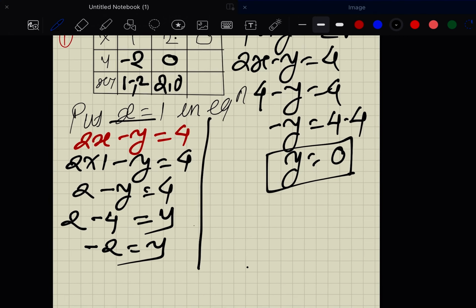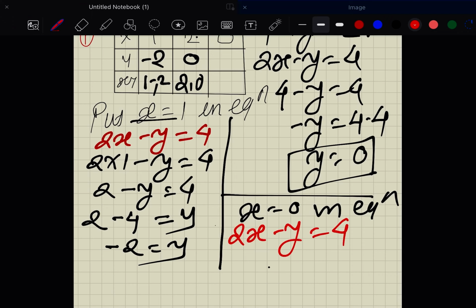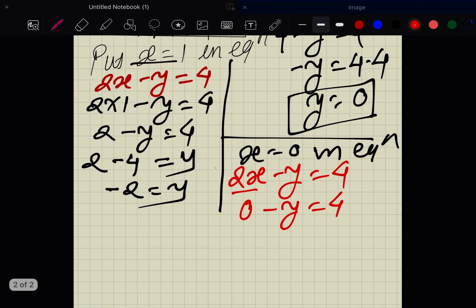Similarly, third step, put x is equal to 0 in the equation. So write down the equation 2x minus y equals 4. Once again, x is equal to 0. So 2 into 0, that is 0, minus y is equal to 4. So minus y is equal to 4, therefore y equals minus 4.